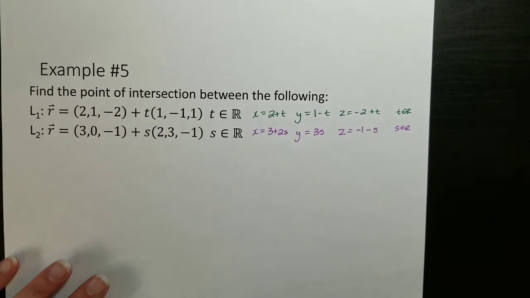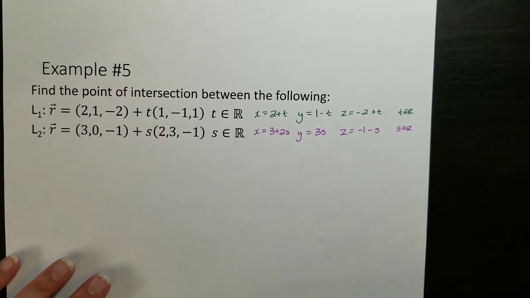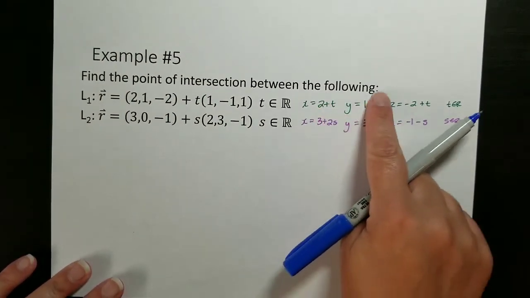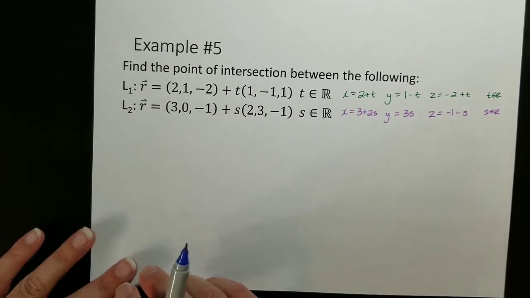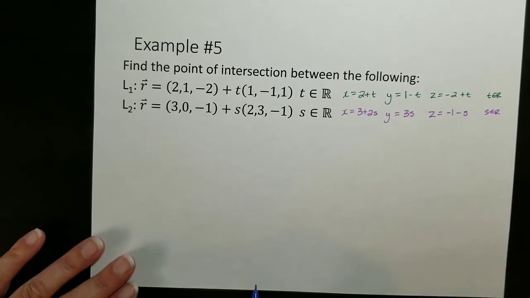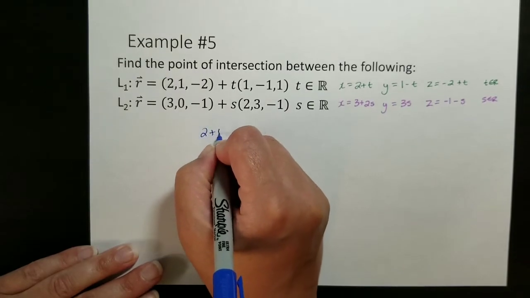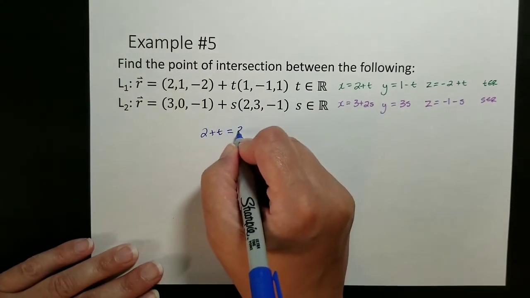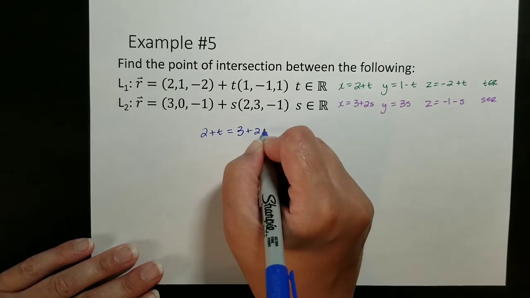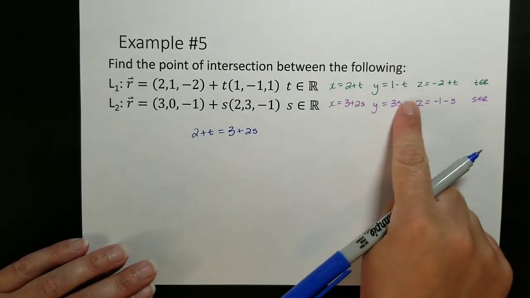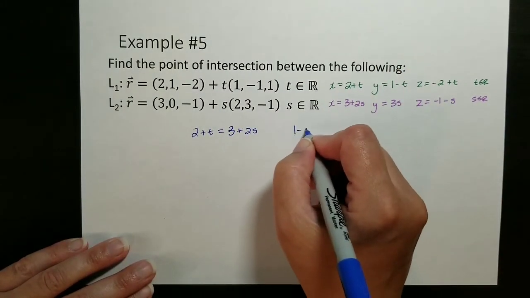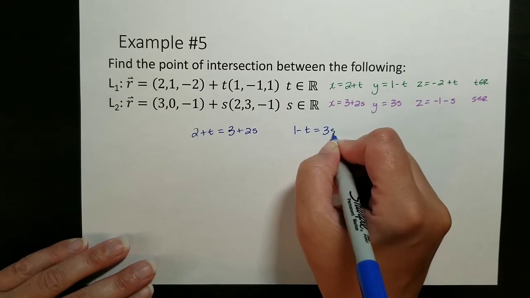So from there, I know I can make up three different equations. Well, really two equations. I typically just use the x's and the y's, and then we'll check that in the third equation. So I know that 2 plus t equals 3 plus 2s. And for the y's, 1 minus t equals 3s.